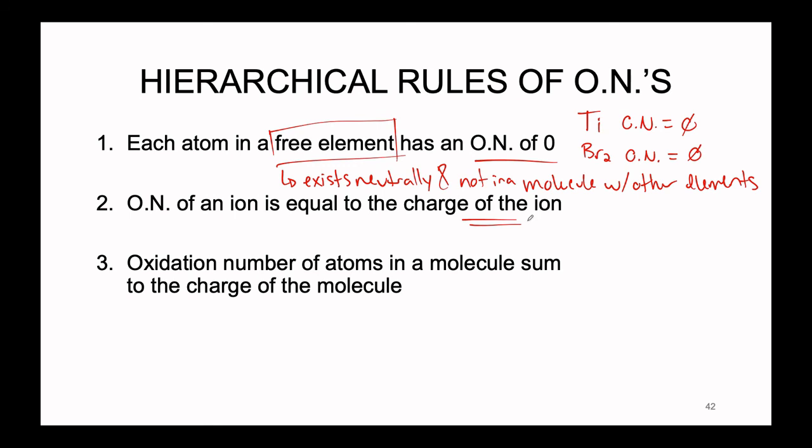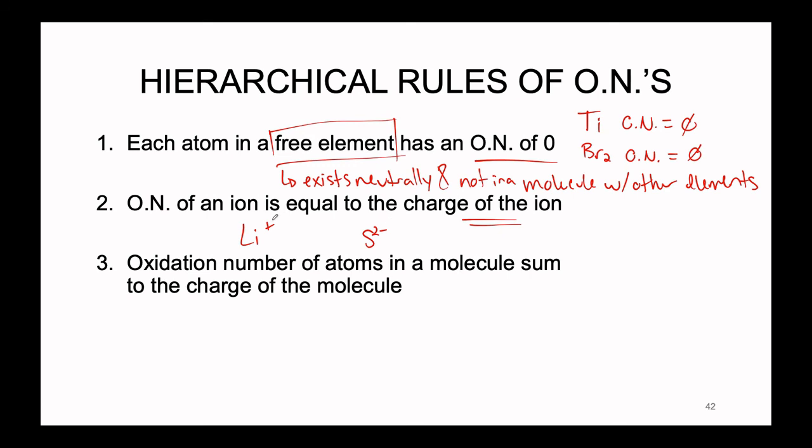The oxidation number of an ion will be equal to the charge of the ion. So hypothetically, let's just pick out a cation and an anion. Let's say Li+ versus sulfide with a 2- charge. Both of these things are ions, and these ions exist off on their own.